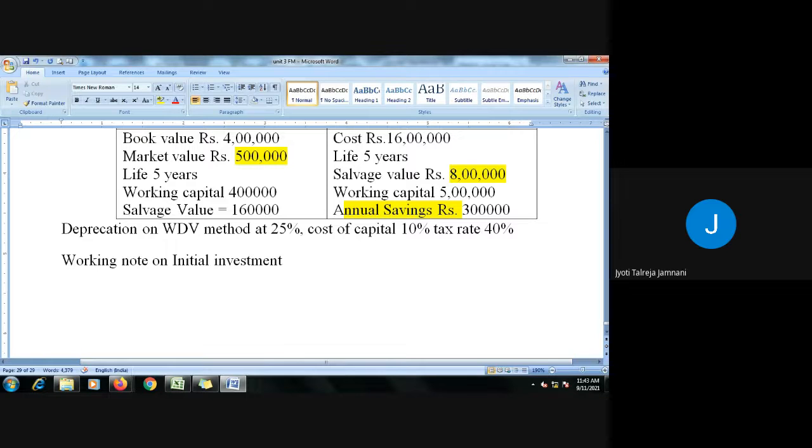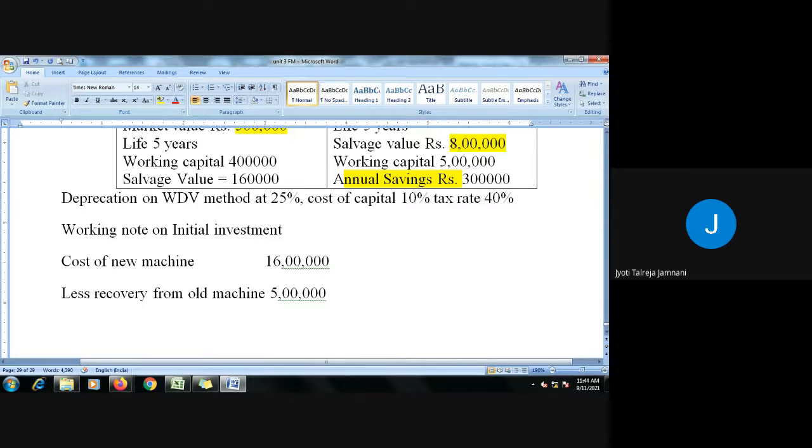So right here, cost of new machine, 16 lakh total. Then less recovery from old machine. If you sell the old machine, market value is 5 lakh today, so you're going to recover 5 lakh. So you will get it as 11 lakh.